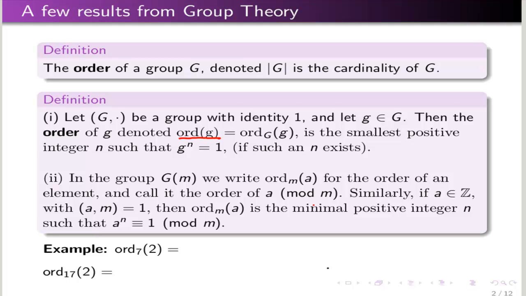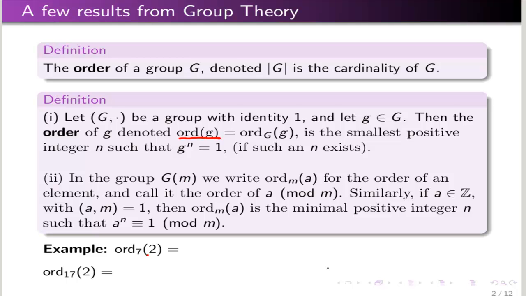So similarly, if a is an element of the integers with a relatively prime to m, the order mod m of a is then the minimal positive integer n such that a to the n is congruent to 1 mod m. So there's two different ways. We can talk about the order of an integer or the order of an element of this group G_m, and it means the same thing.